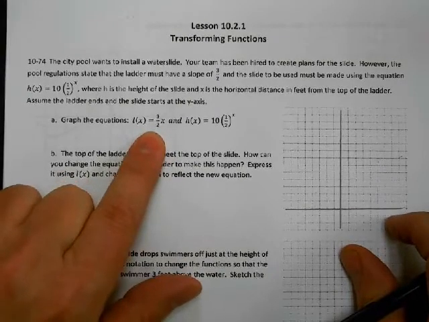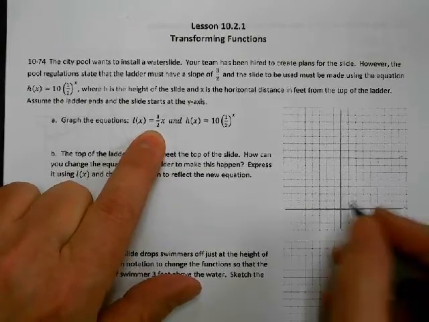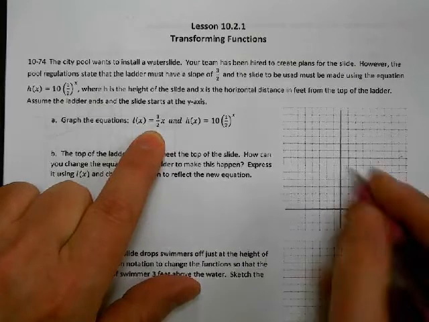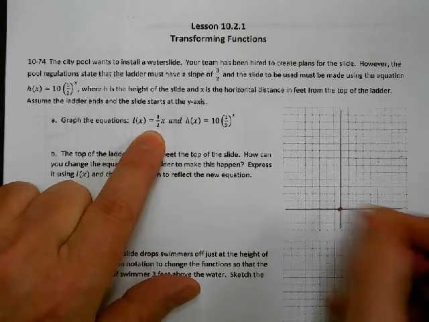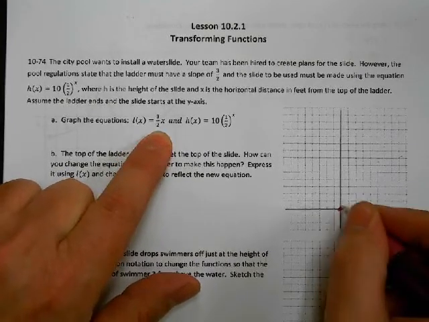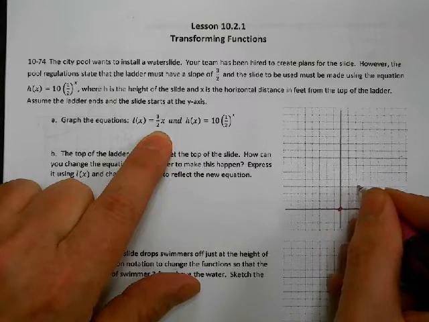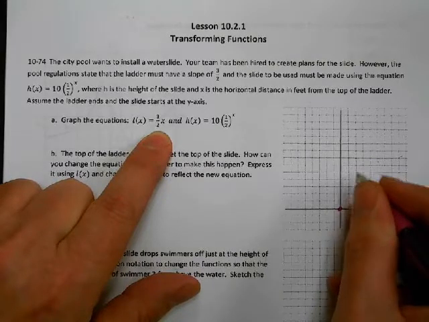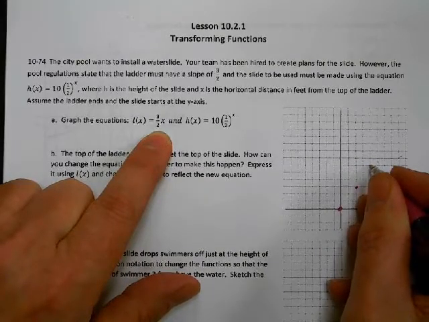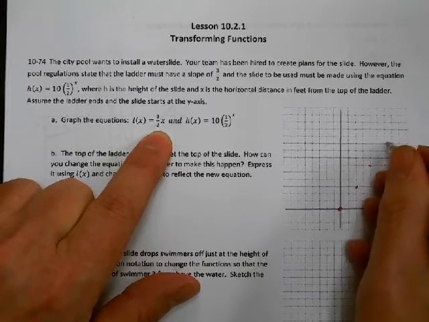L of x is going to be 3/2x, so the y-intercept would be at 0. So there's my first point. Then it's going to go up 3 and over 2.